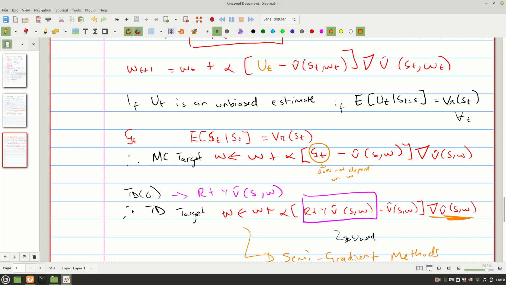I'll cover them probably in the upcoming lectures, because we're going to start talking about more specific examples as to how we can actually use these function approximators to help us solve more complicated reinforcement learning problems.